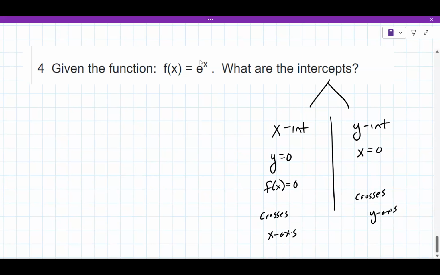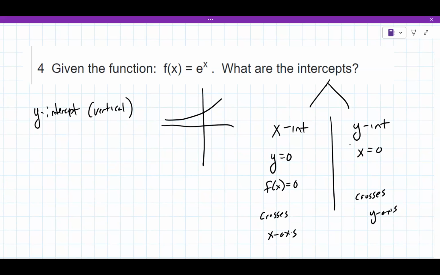Do you still have your graph of y equals e to the x up? Can you tell me if it crosses the y-axis? The y-axis, y is the vertical. Oh, yes, it does.